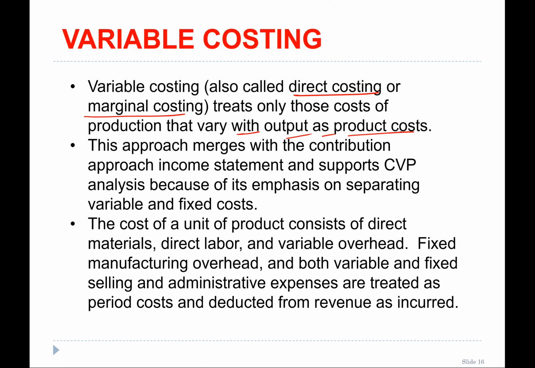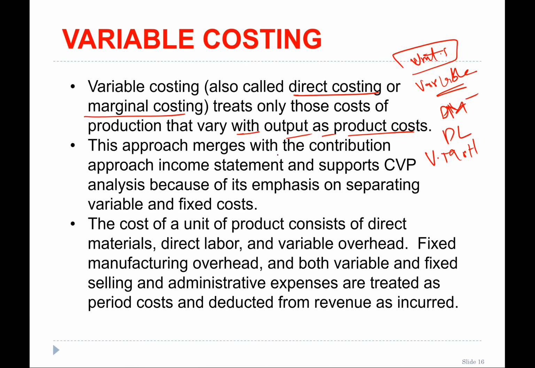So it will only include unit cost, only the variable part. So direct material, the nature is already variable, because the more you produce, the more direct material you need. Direct labor, also the nature is variable. But manufacturing overhead, only the variable part, right?